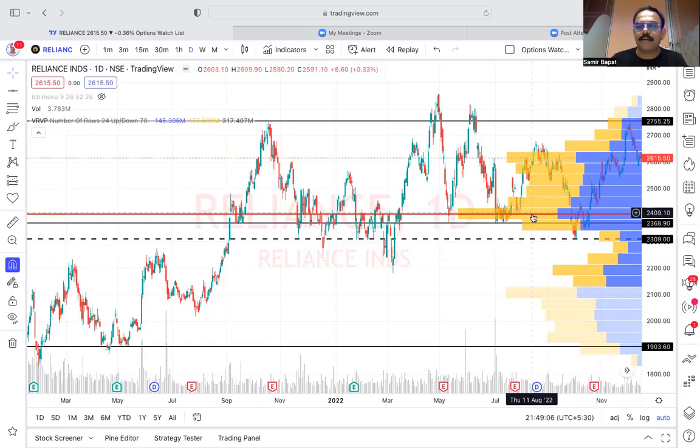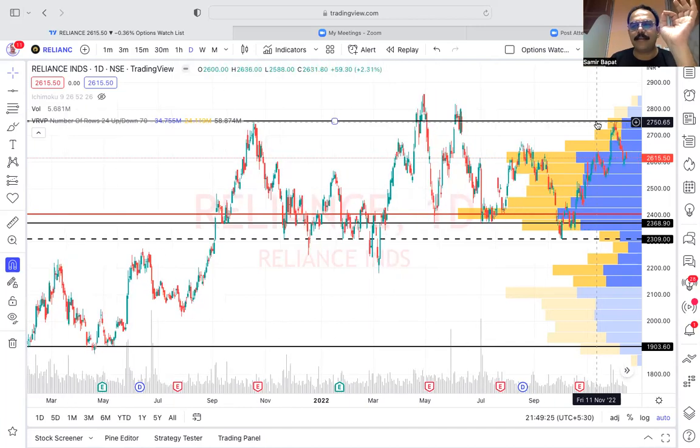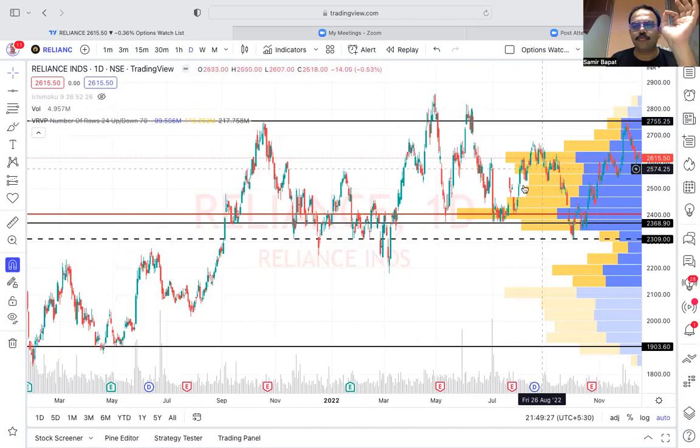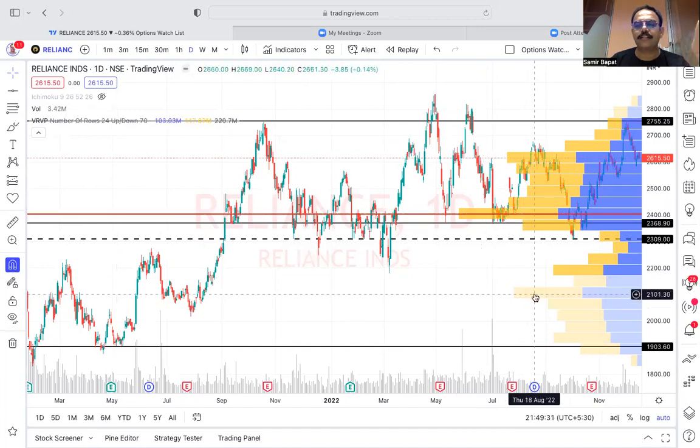Then the next level of demand is around 2400, so there is a 300 point gap. If we add 2400 plus 300, 2700 is currently where it is going and getting rejection. It's not picking up volume there. It's not going to go there. So right now our demand levels are only at two places: one at 2400, and if it goes down, the other at 2100.